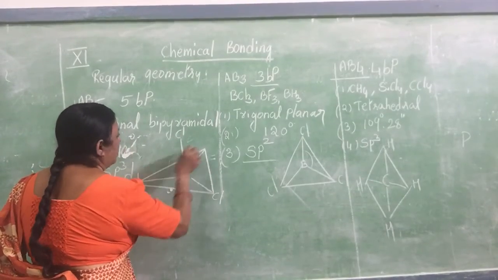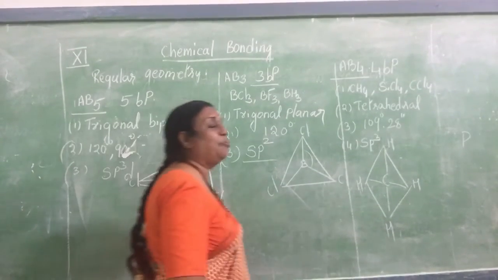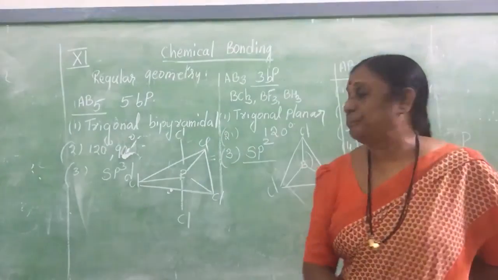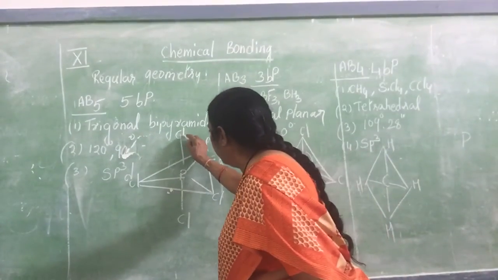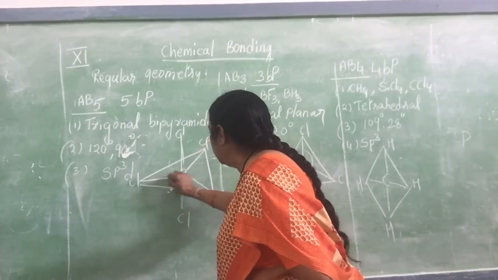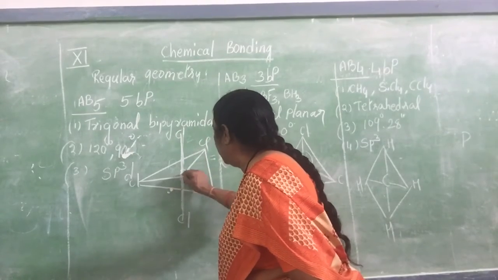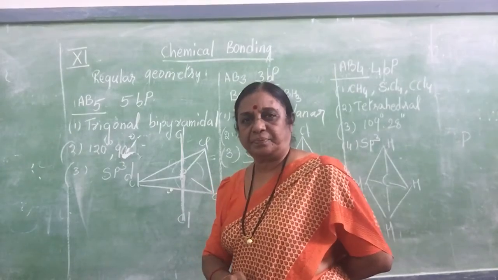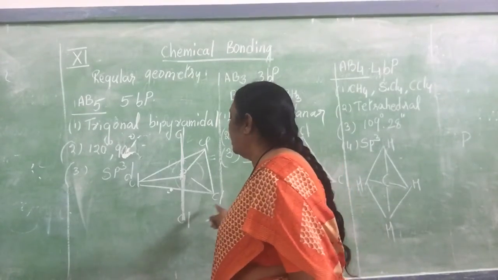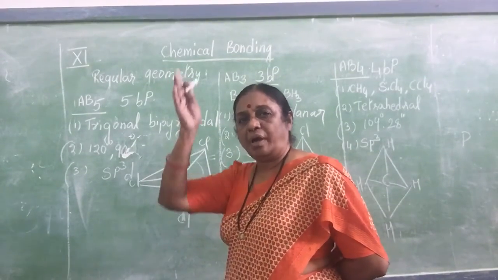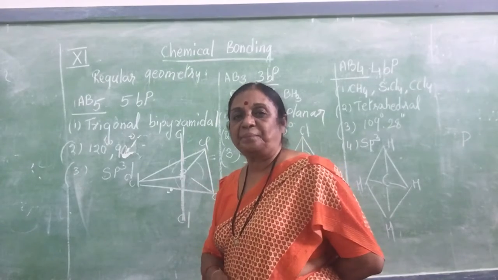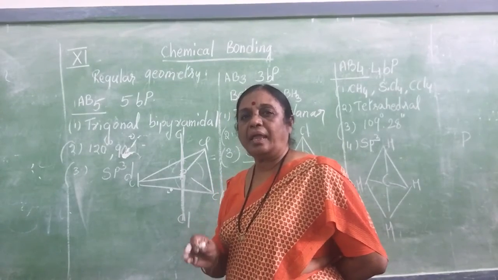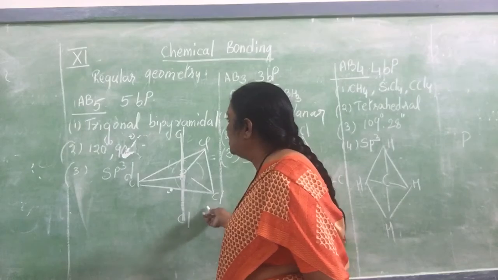Now children, here there are 2 types of bond angles. Look at the board here. This is the 90 degrees. 2 angles of 90 degrees are there, and 3 of 120 degrees. So 3 are equatorial angles and 2 are axial angles. Clear, children?